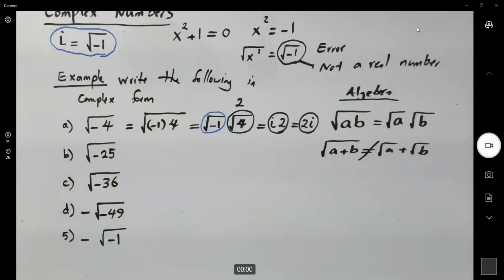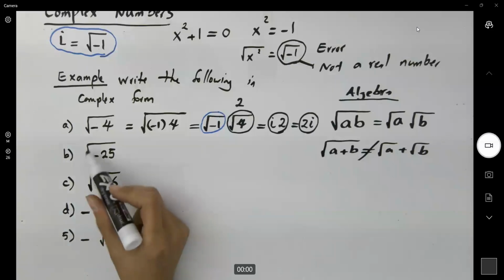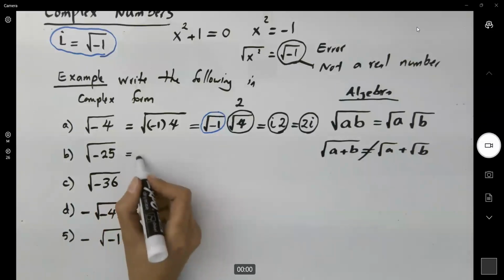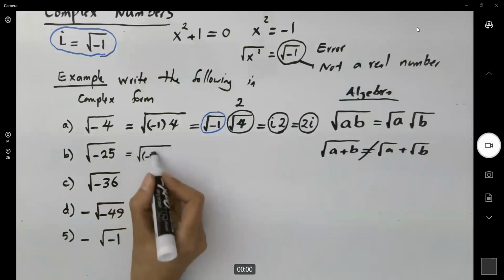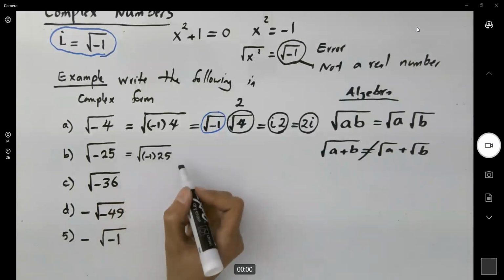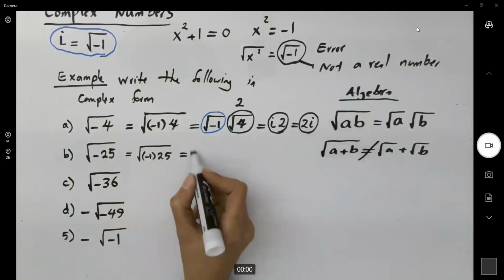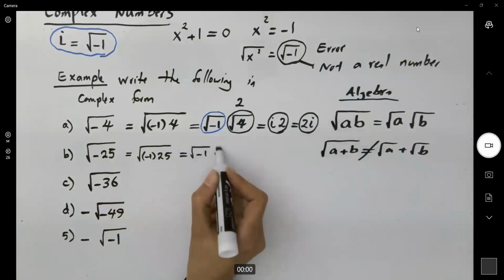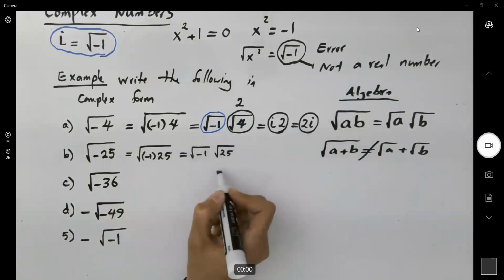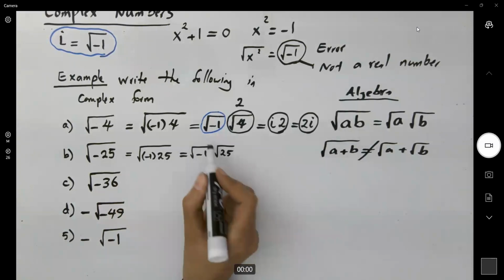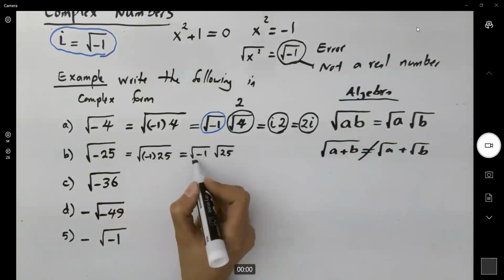There you go. Now what should I do with this guy? I have square root of -25. Well, you can officially write it as square root of -1 times positive number 25, then follow algebra and separate square root of -1 from square root of 25. But square root of 25 is nothing but 5. And square root of -1 is nothing but i.